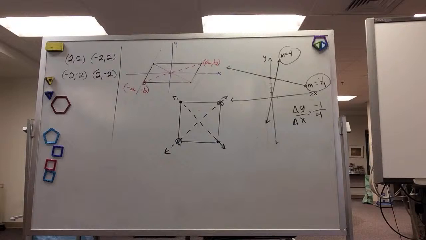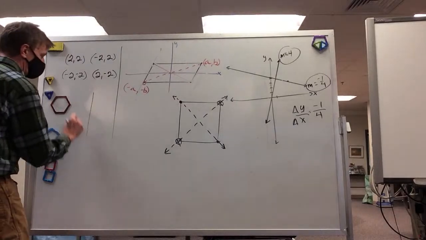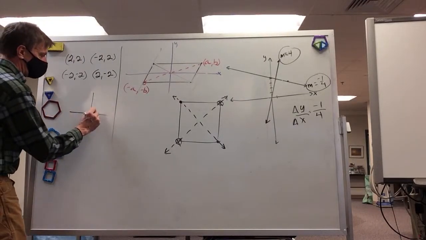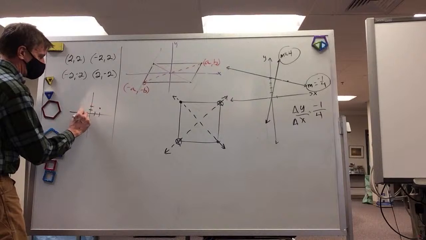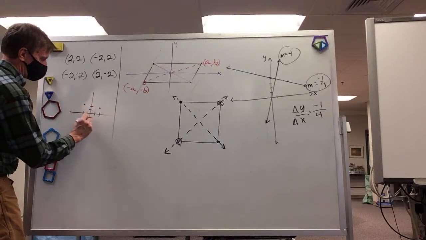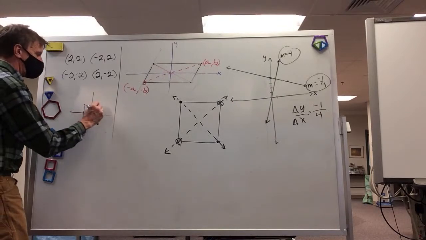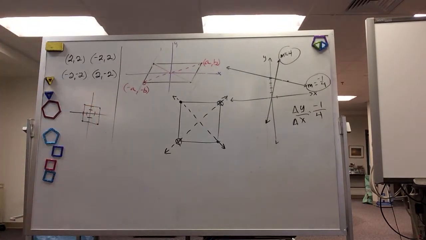Yeah. So the first step that you might take would be to graph it. So you sketch it out, and you say, yeah, it looks like a square. But does that prove it? No, you're shaking your head.